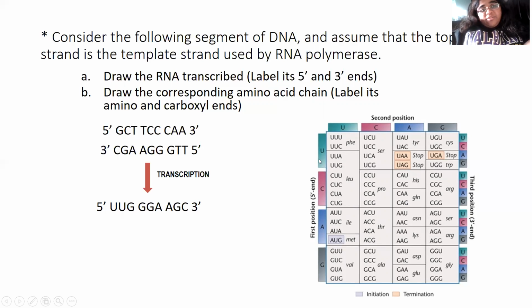So we have UUG. That gives us leucine, right? We have leucine. GGA, which is this guy here, that's glycine.